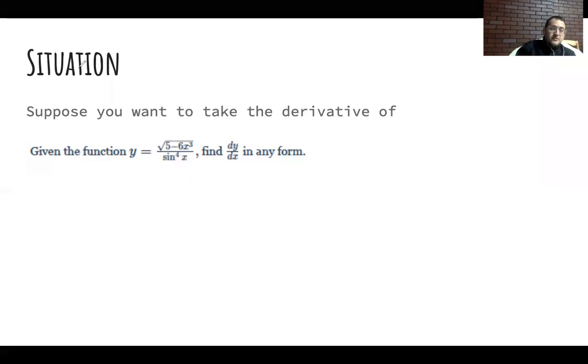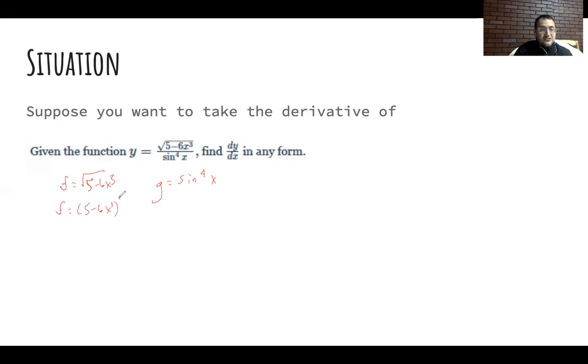So let's do this. So first thing I would do is immediately write down, and I would just focus on one at a time. In fact, I even like writing this as a fractional exponent.